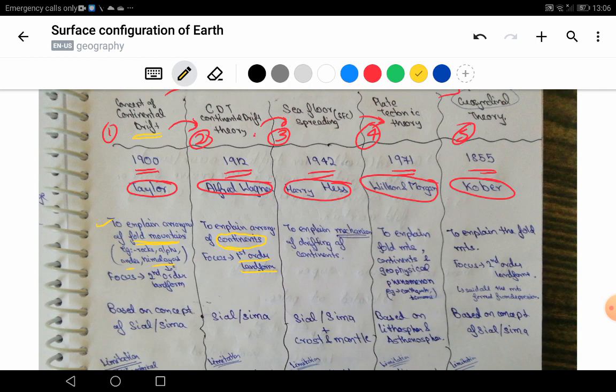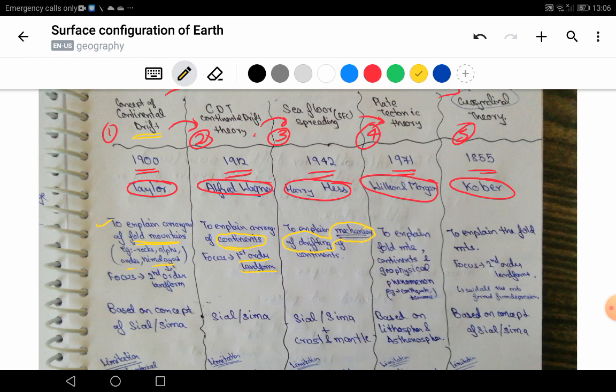It was not about fold mountains but about how the continents were developed and separated. In the continental drift theory it was said that continents were drifting, but it was not able to explain how. So in seafloor spreading, they tried to explain the mechanism of how drifting occurs, how continents drift from each other. This was the main focus of seafloor spreading.